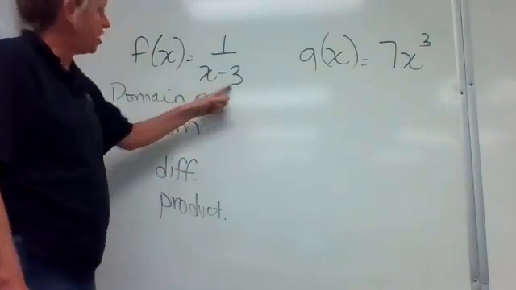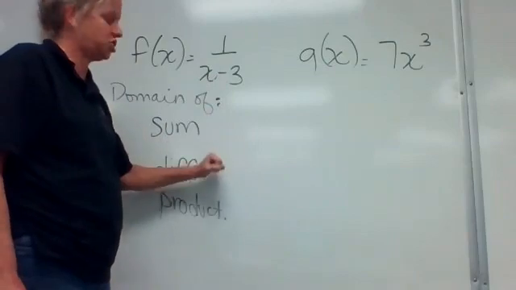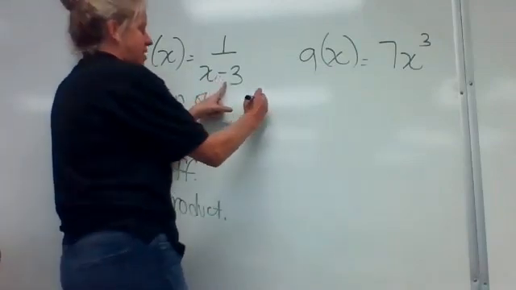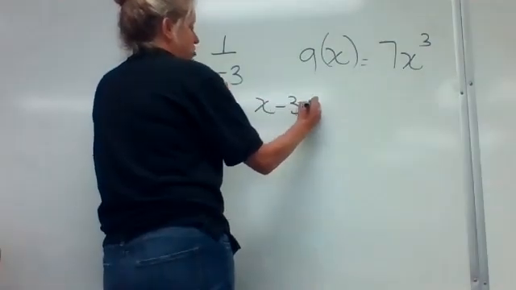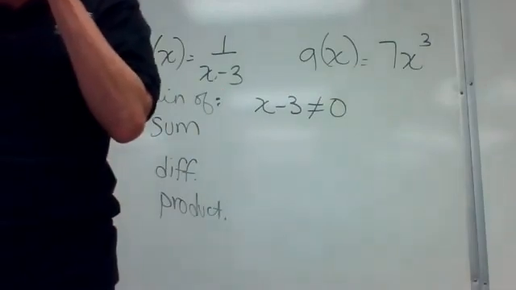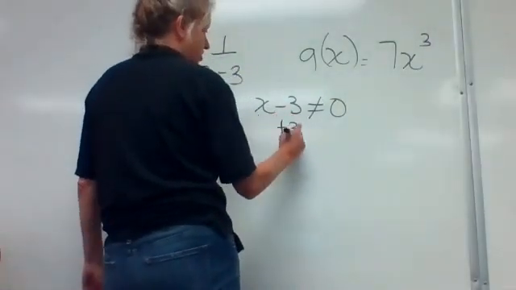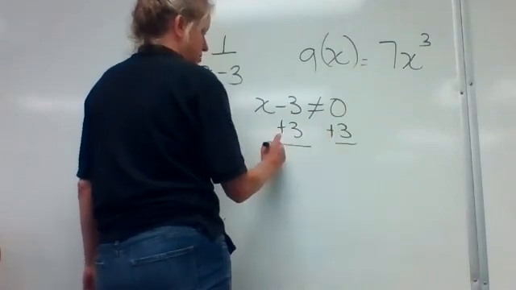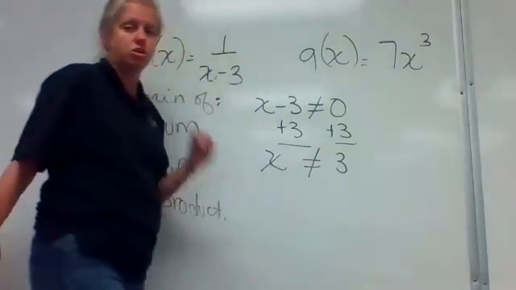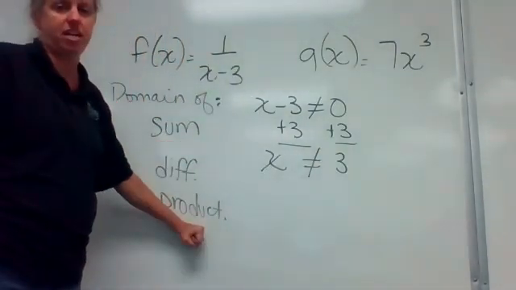So whatever restriction this gets is going to be the restriction on all three of those. So I need to find out, because x minus 3 cannot equal 0. Solve for x. So add the 3 to both sides. So x cannot equal 3. So that's the restriction on all three of these.